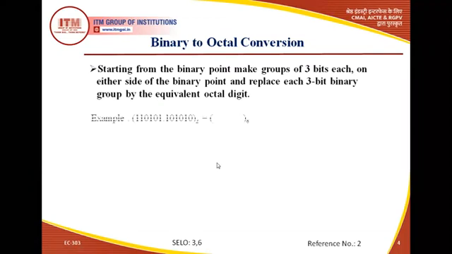From the binary point, we make groups of 3 bits each on either side of the binary point and replace each 3-bit binary group by its equivalent octal digit. Let's take an example. Suppose we want to convert the binary number 110101.101010 into an octal number. We make groups of 3 bits on either side of the binary point.